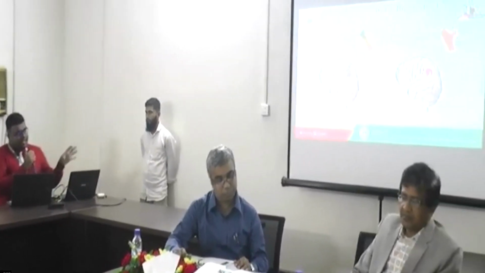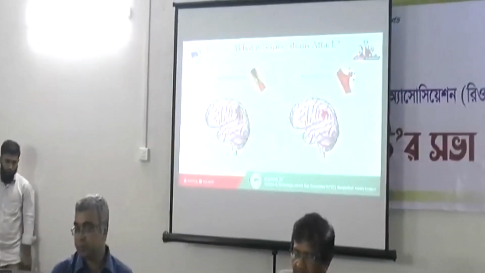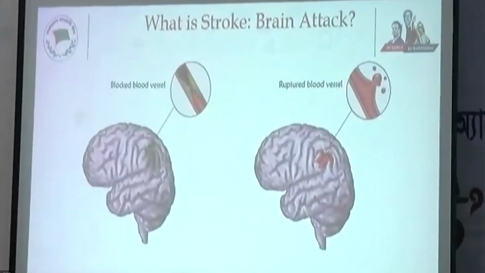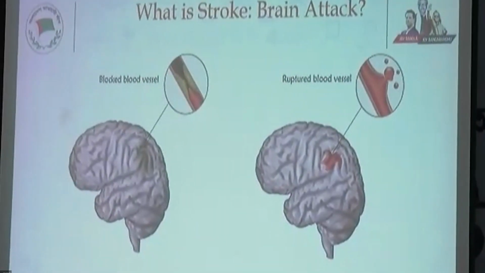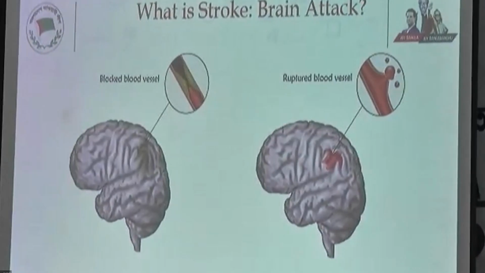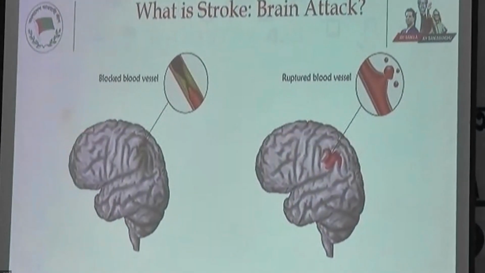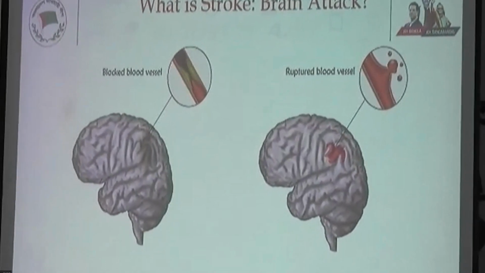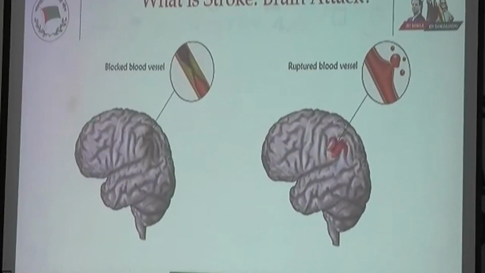And our brain is very vulnerable to lack of blood supply. So when the blood vessel is blocked, some areas of the brain do not get the necessary blood supply. As a result, some areas of the brain die. It is a type of stroke. We call it ischemic stroke.